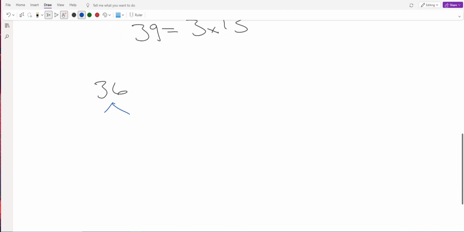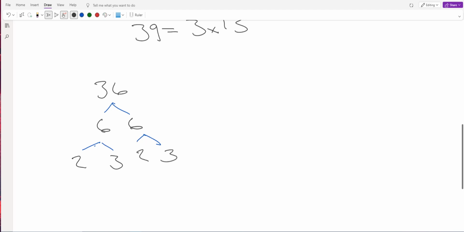So 36, let's do 6 and 6. And then each of these is going to break down into 2 and 3, because 2 times 3 is equal to 6. And same thing over here, 2 and 3.